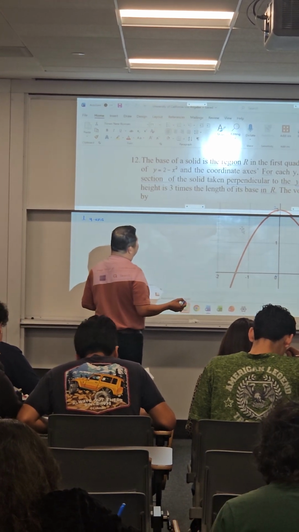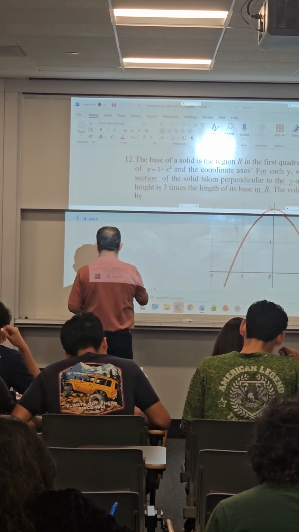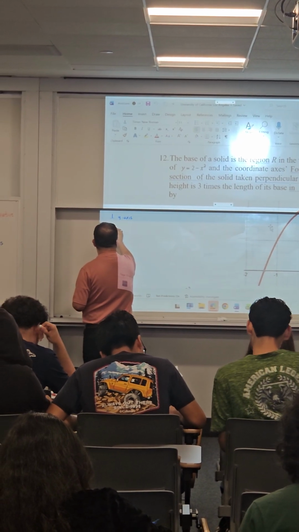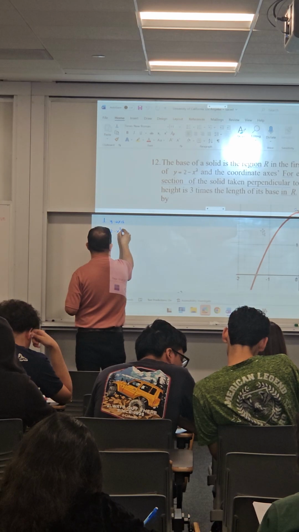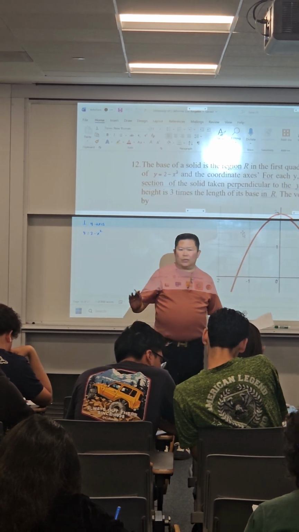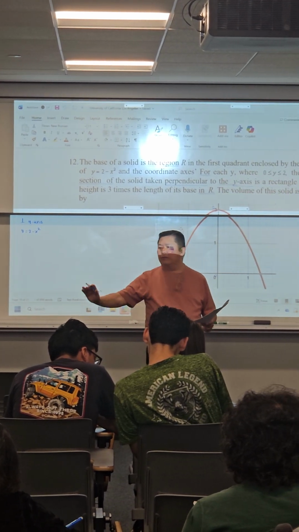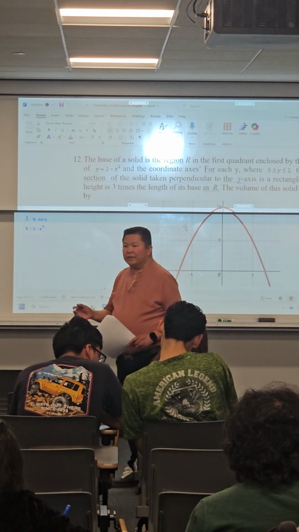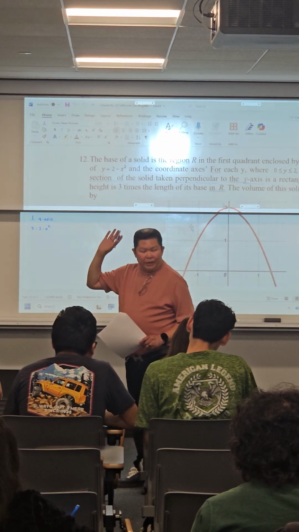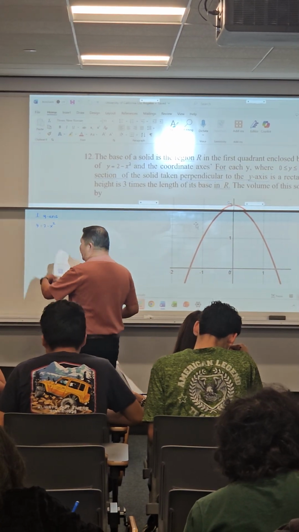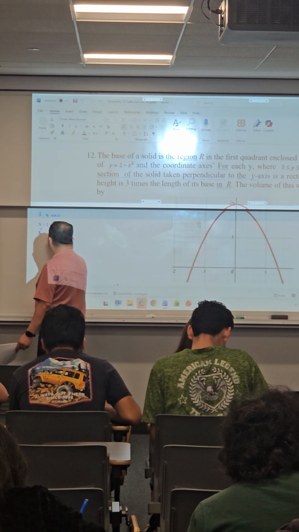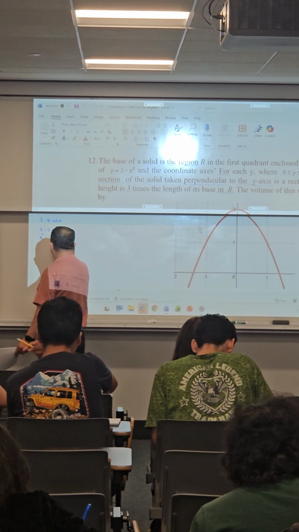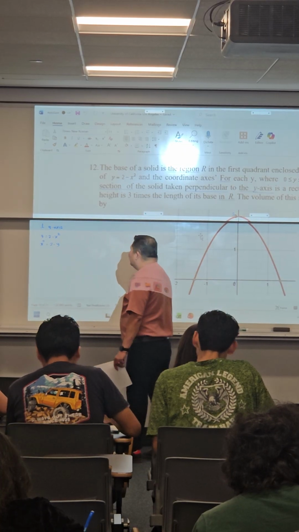But what is the given function? We have y is equal to 2 minus x squared. If it is perpendicular to the y-axis, we're going to solve in terms of x. Here, guys, in terms of x. So I'm going to shift to the left, so that means x squared equals 2 minus y. Okay?